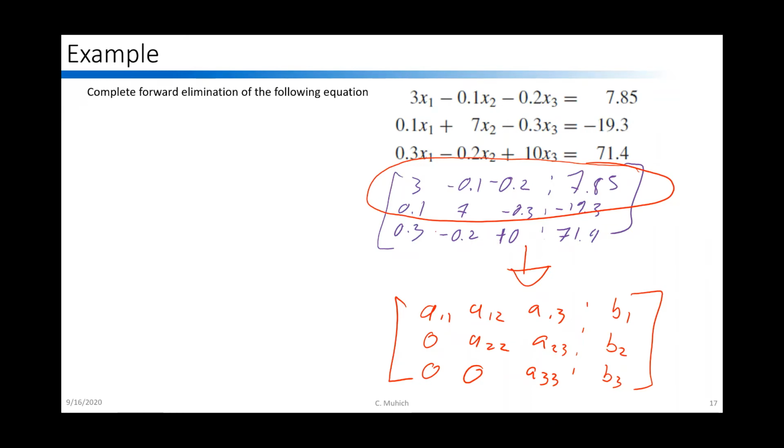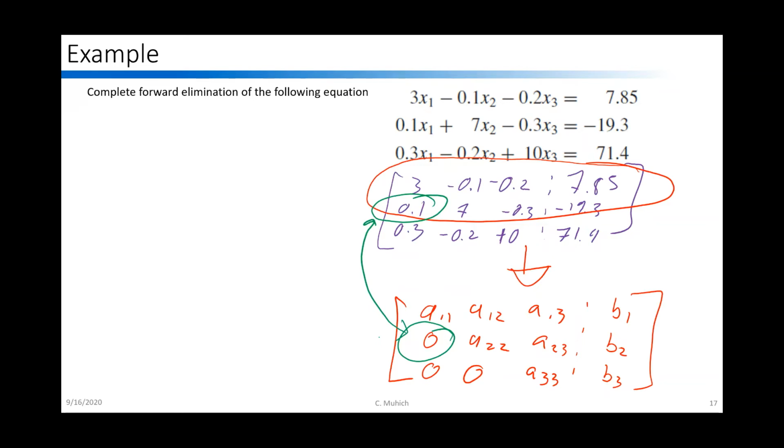We don't need to do anything to the top row. It's already in the form that we want. It's got 3 values across the top, so we're good to go. We do need to do something with that second row, though. We need to get rid of this 0.1, so we have to get rid of this piece.